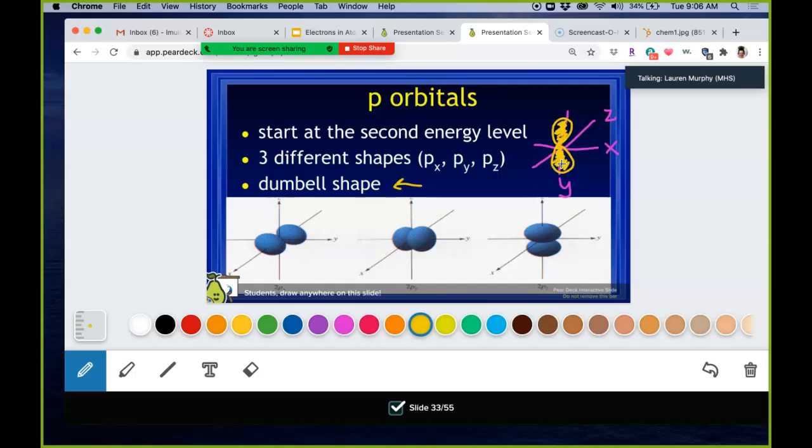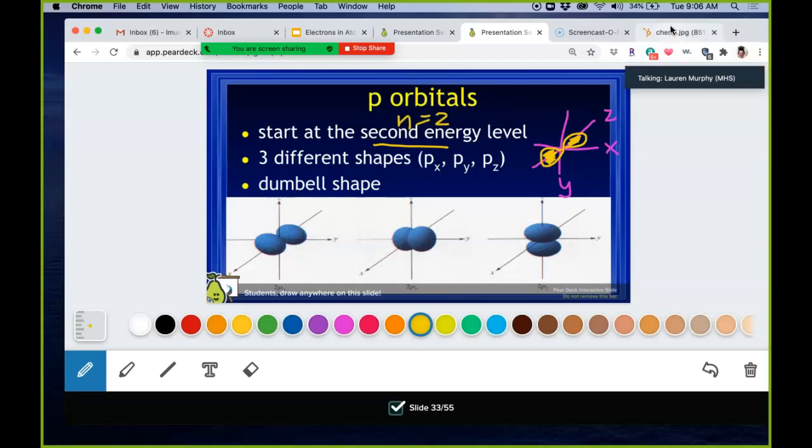Again, these are regions where they're finding electrons at any given moment. Which then means a pz orbital would lie along the z-axis. So again, they're all the same shape, they're just oriented in space along different axes. Now, the p orbitals don't start till the second energy level, n equals 2.